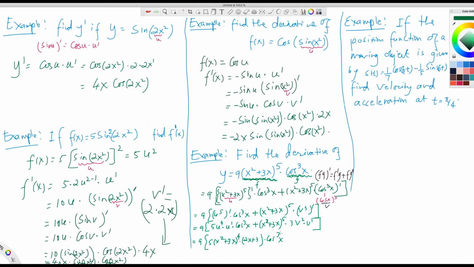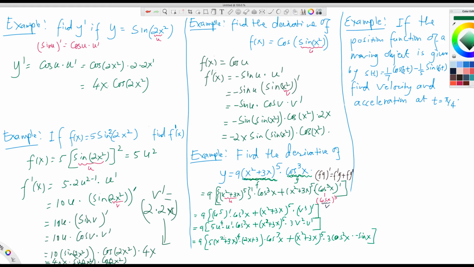You see that? And then plus there is x squared plus 3x to the 5, right? And then times 3. V is cosine x, because cosine x is v. So cosine square x. Basically this is cosine x whole squared times the derivative of cosine x, which is negative sine x, and there is a bracket.